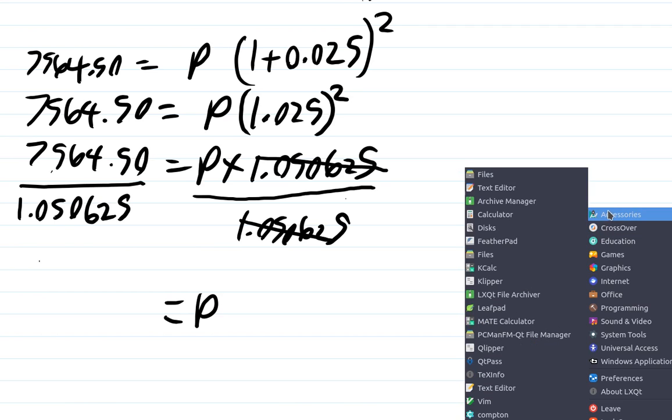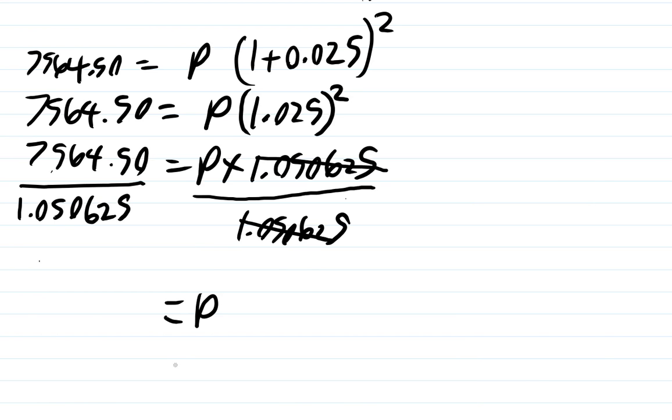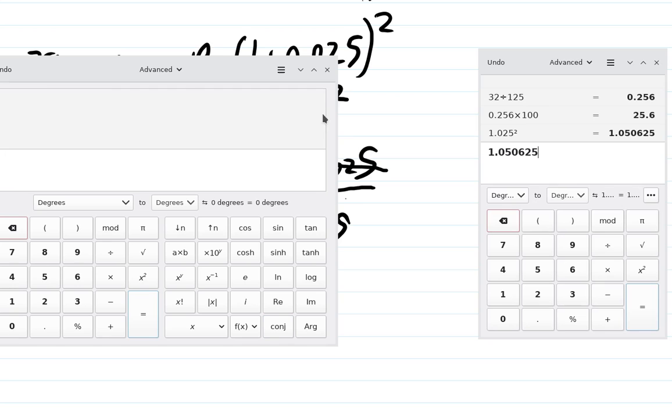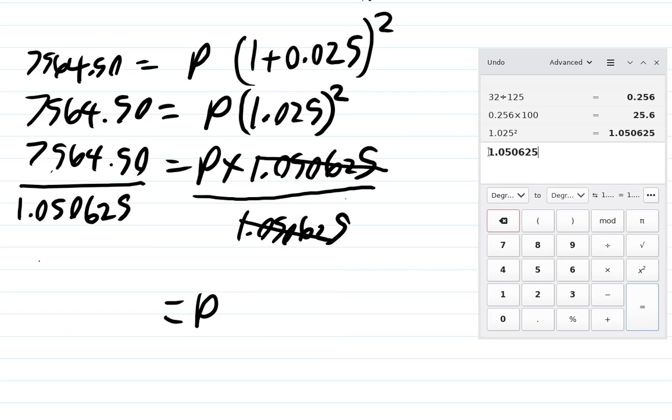So let's see what that will amount to. So we have 7564.5 divided by 1.050625 equals 7,200.